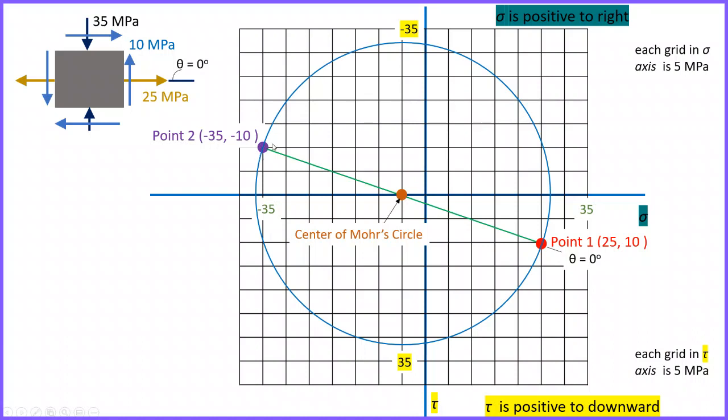If you draw the circle, as you see, this blue circle is our Mohr circle, and as you noticed, it intersects the sigma axis at 2 different points, here and here.